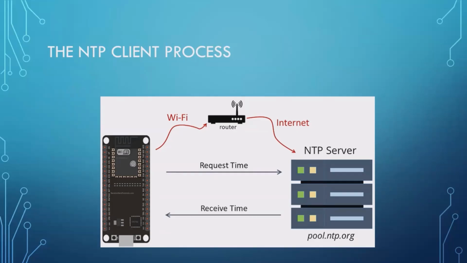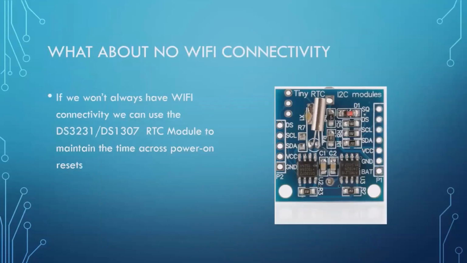Well, what happens if you don't have Wi-Fi? We've got to look at a different source, and so we can use a battery backup real-time clock module. This is an example of the DS1307. I think I also had you look at buying the DS3231s. Just any type of real-time clock module will work.